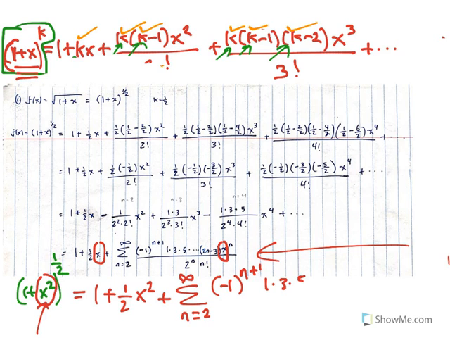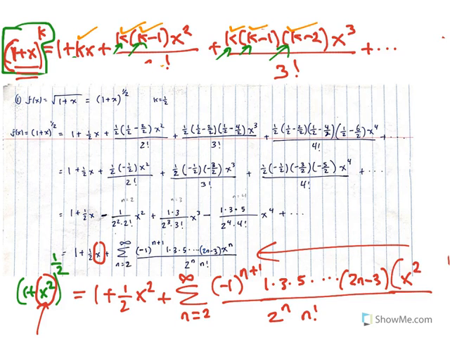So 1 times 3 times 5 up to 2n minus 3 over 2 to the n times n factorial. So in place of x, I will write x squared to the n power. Now if you choose to, you can rewrite that, because what you have here is the power of a power. So when you multiply the exponents, you would get x to the 2n.